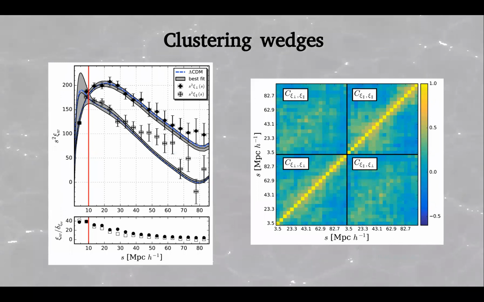What we can see here on the left, the points are the perpendicular and parallel wedges from the equations before. The fact that they are clearly separated is the effect of redshift-space distortion. In real space, we expect these two sets of data to coincide.